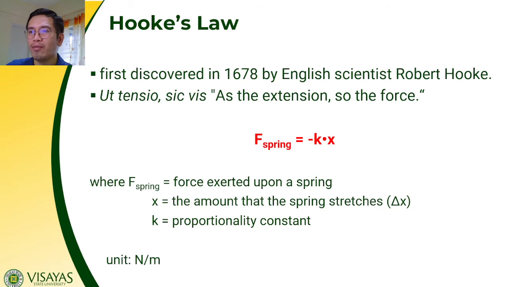That upward force is what we call, later on we will discuss that, but I forgot the term, the restoring force. The x and the F are in opposite directions.